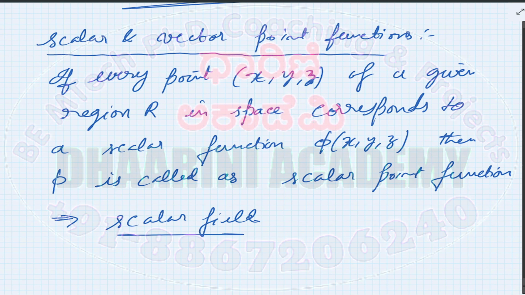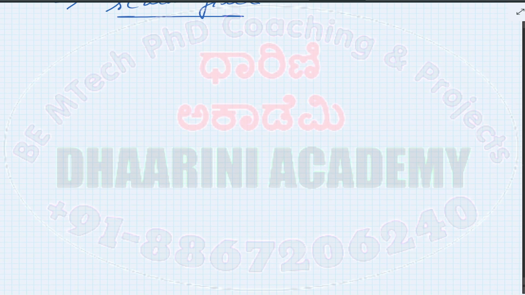So normally this scalar function is also referred to as the scalar field, right? For example, let's say that we are trying to represent a given coordinate system. It can be polar coordinate system, it can be rectangular, or many other types of coordinate systems do exist in engineering. And using that coordinate system we are trying to represent an area or volume or anything, right?